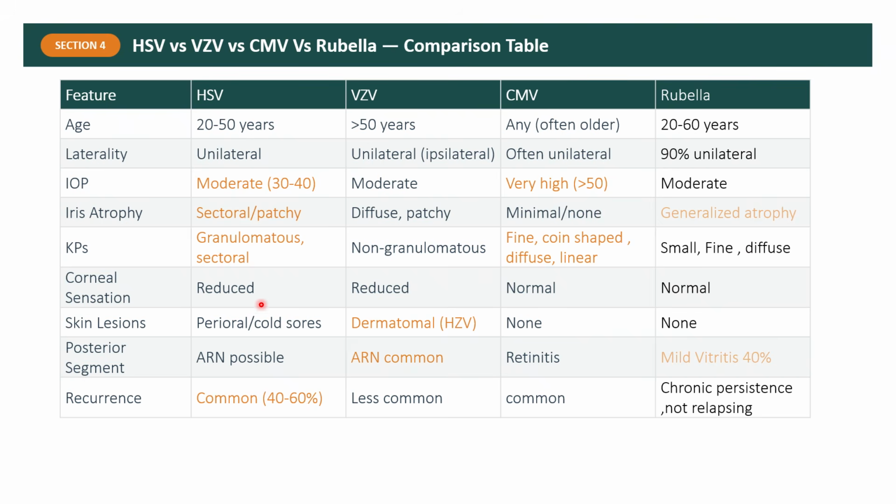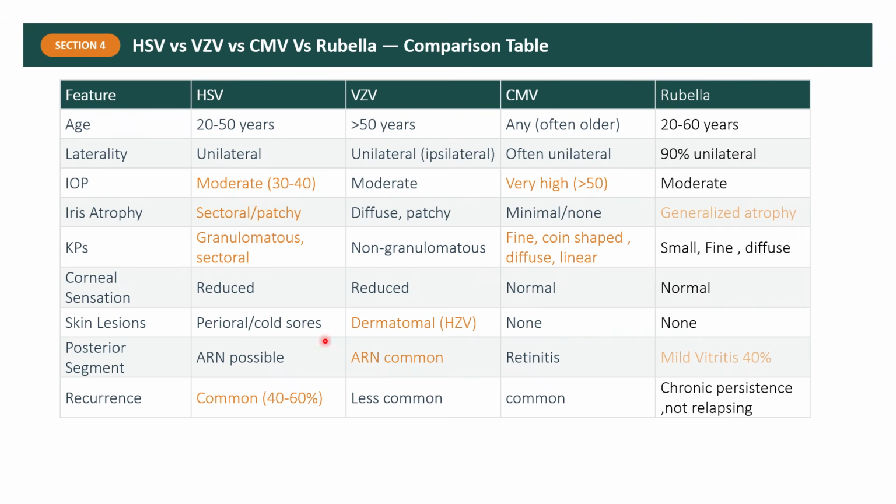Corneal sensation is usually normal to reduced in herpes simplex, markedly reduced to anesthetic cornea in herpes zoster, and normal in rubella and cytomegalovirus. Skin lesions are a common feature of herpes simplex and herpes zoster: a history of cold sores is present in herpes simplex, and there is dermatological involvement in varicella zoster.